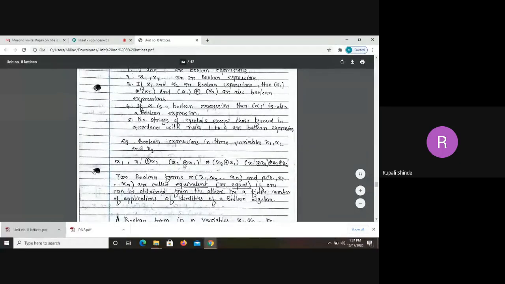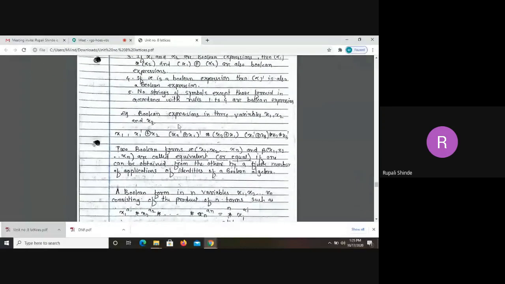Now here they have given some examples of how to represent Boolean expressions. Boolean expressions of three variables x1, x2, x3: x1 is a Boolean expression, x2 is a Boolean expression, x3 is a Boolean expression.